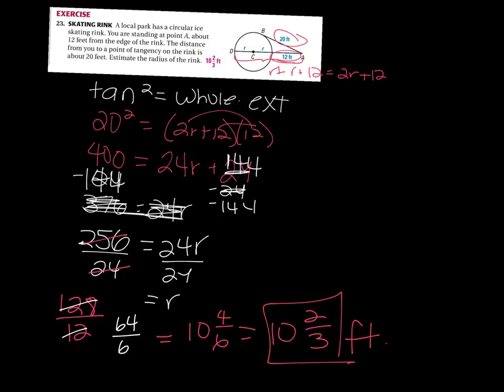Because the whole, and when you set up the whole times external part, it's the whole secant segment, so it's the entire thing. You have to go from the r all the way to the 12.